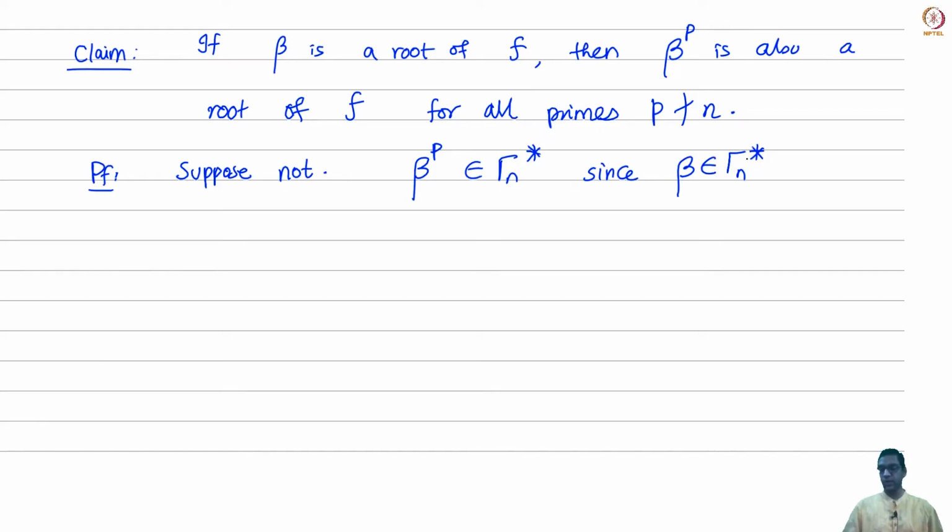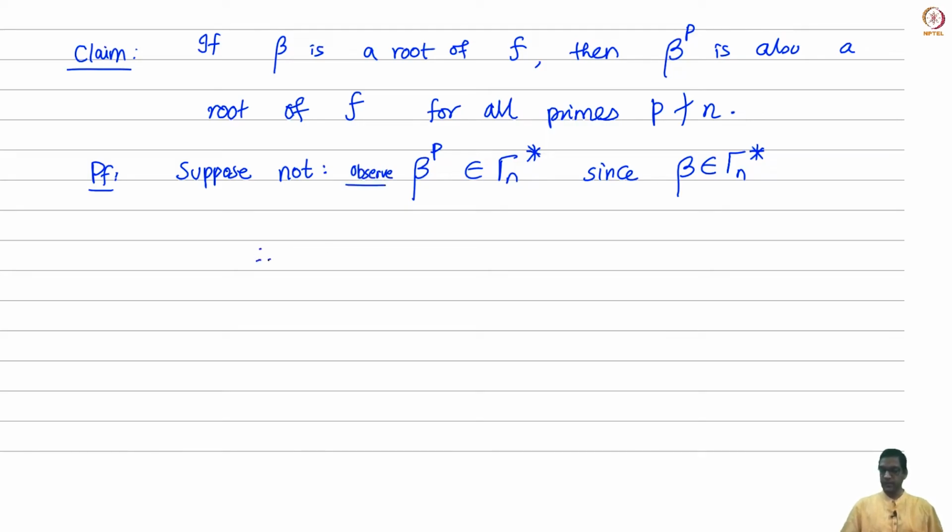Because recall the definition of primitive nth roots of unity: those elements of γ_n whose order is n. So if beta has order n, and I raise beta to a power p which is relatively prime to n, then this also has order n. Okay, so first observe that beta to the power p is also a primitive nth root of unity.